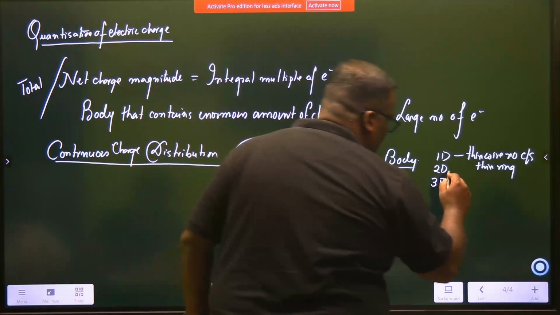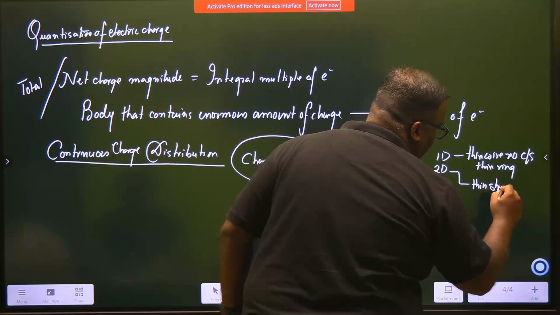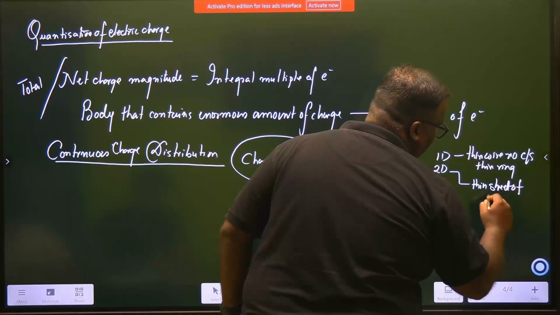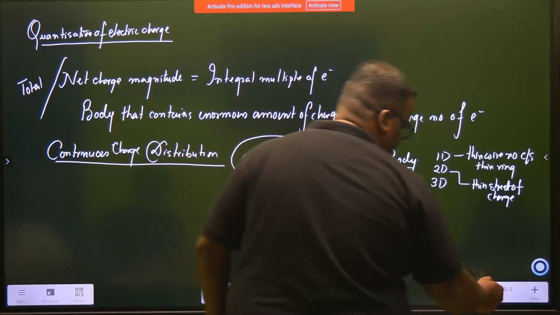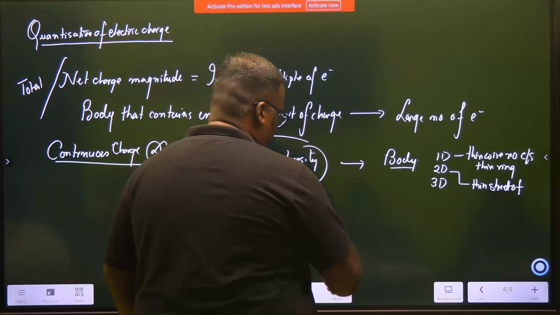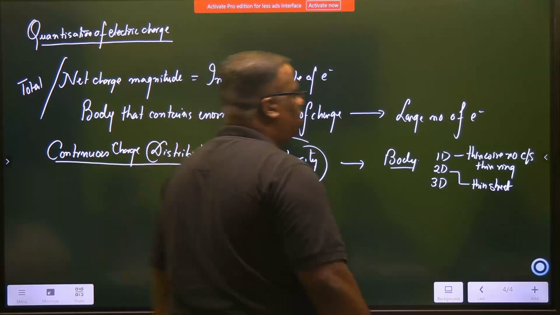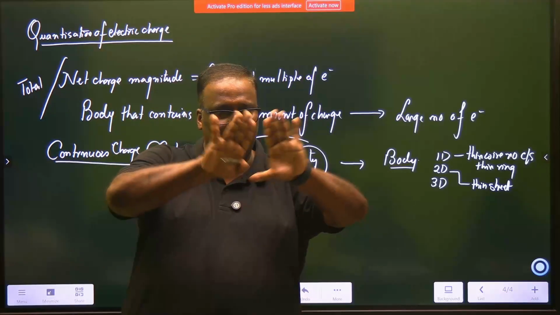If I say 2D, it is like a thin sheet, not of charge, a thin sheet. A thin sheet can be analogous to a 2D. A thin sheet is something like a paper.